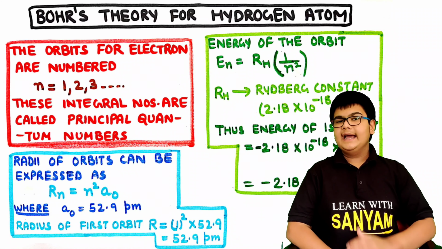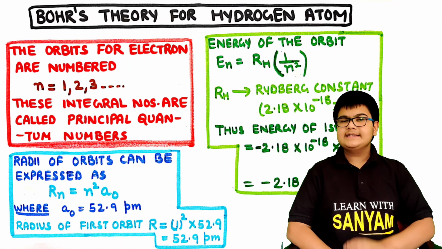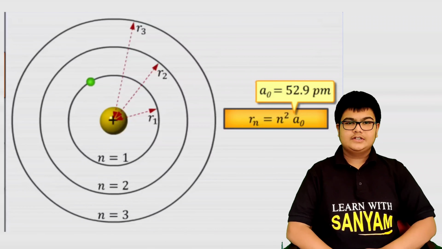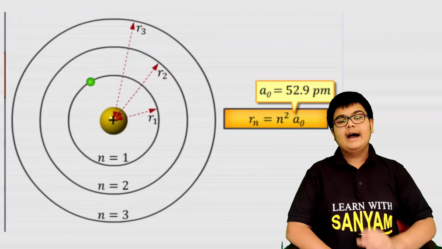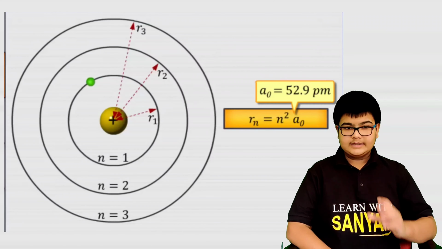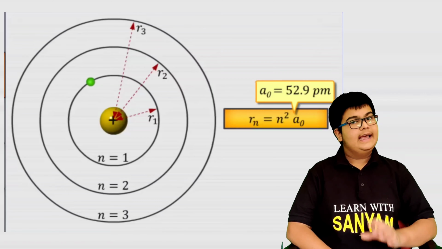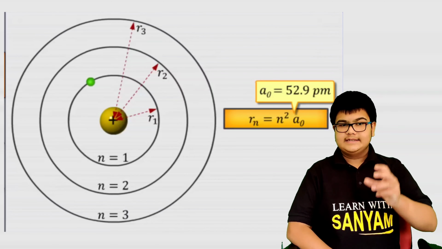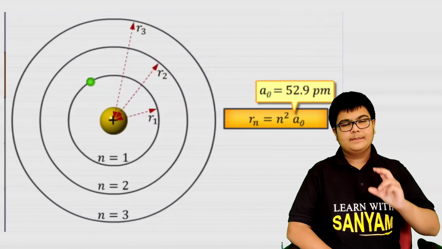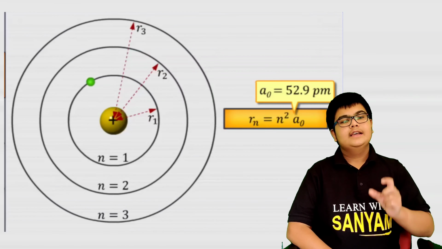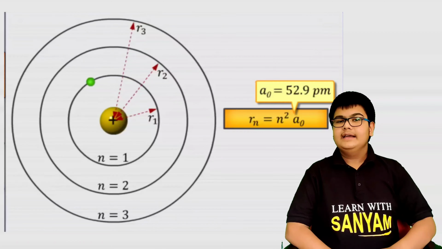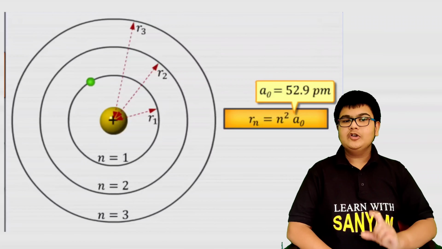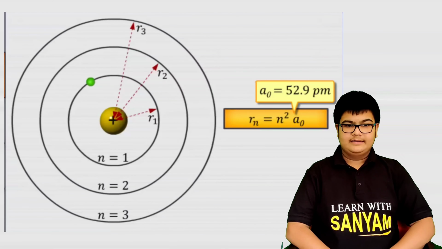Second, radii of orbits can be expressed as Rn equals n square a naught, in which Rn is the radius of that orbit, n square is the square of the orbit number 1, 2, 3, and a naught is 52.9 picometer.